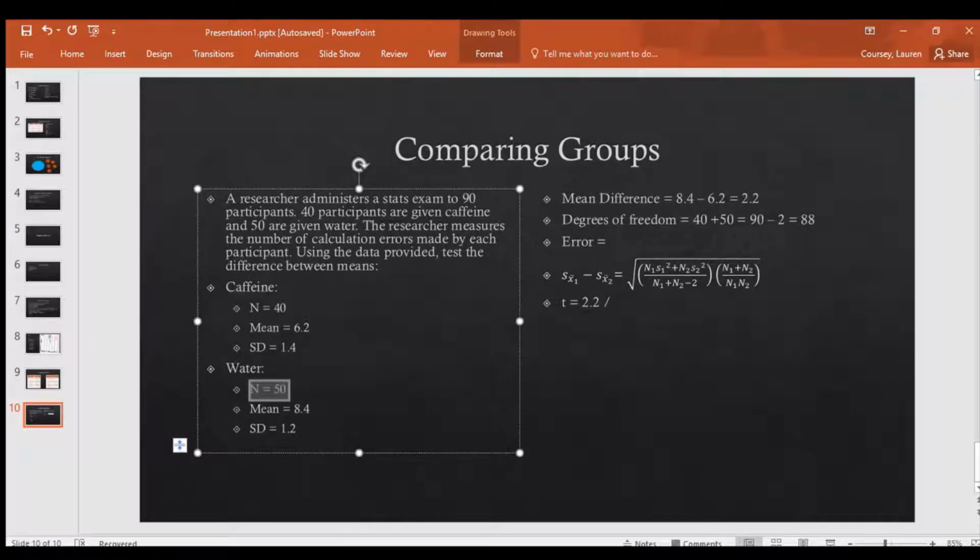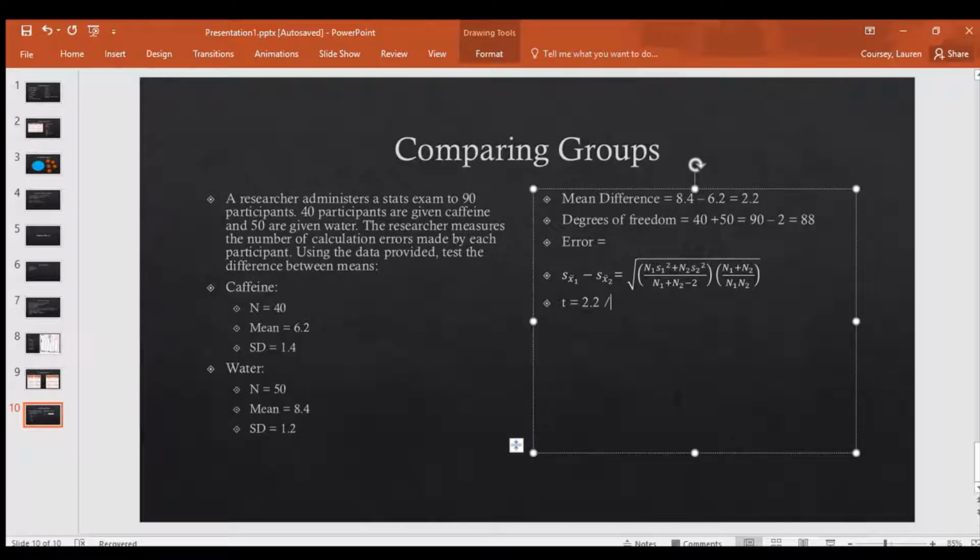We learned in a previous chapter that the larger the sample size, the more precise the estimates, the better estimates we're getting of population parameters or population values. This equation is taking that into account. It's saying we need to give more weight to estimates of variance that come from the larger groups.